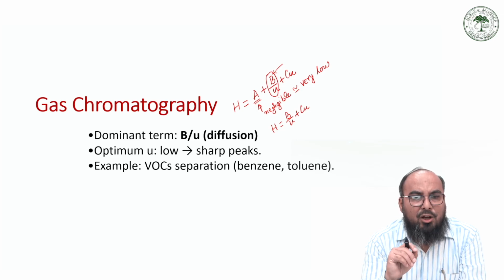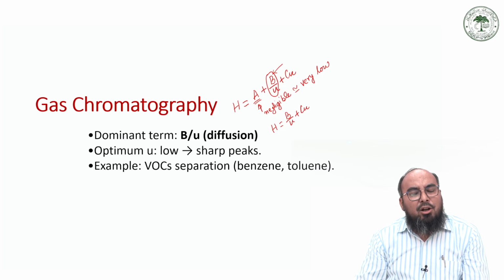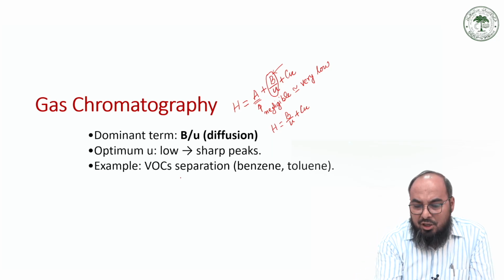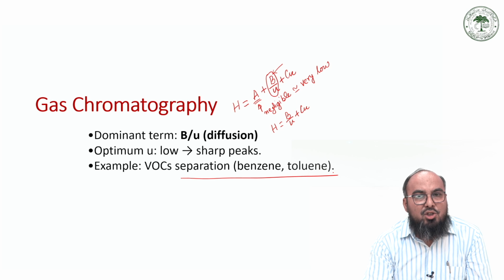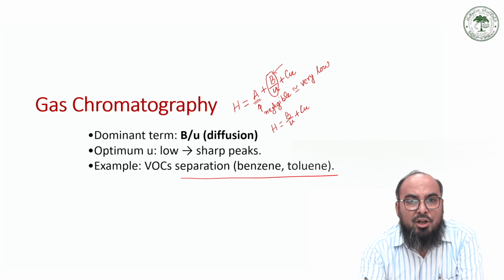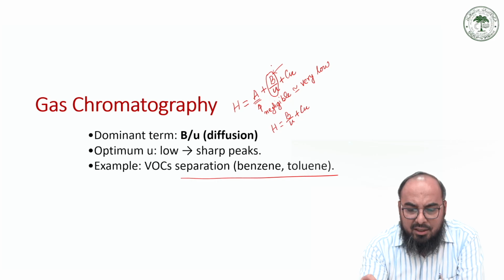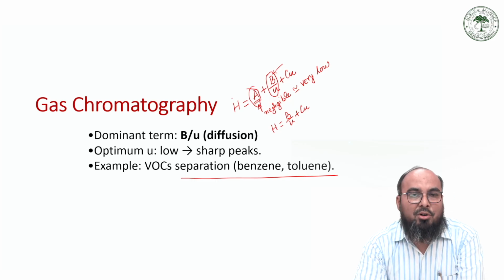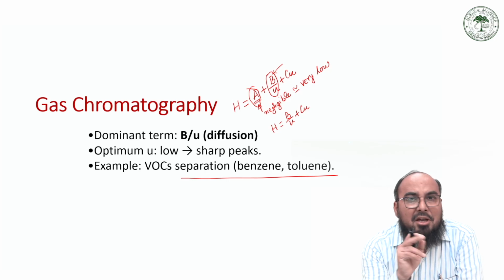A common example is the separation of volatile organic compounds, VOCs, for example, benzene and toluene. So in gas chromatography, remember that the B upon U term becomes dominant and A becomes negligible, or it can be ignored.